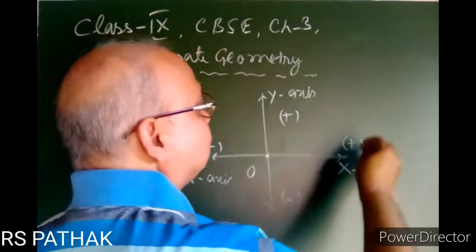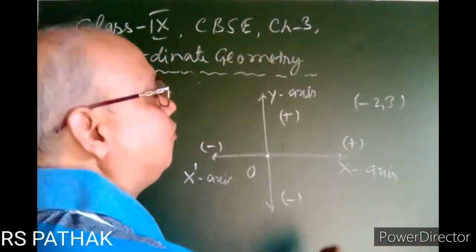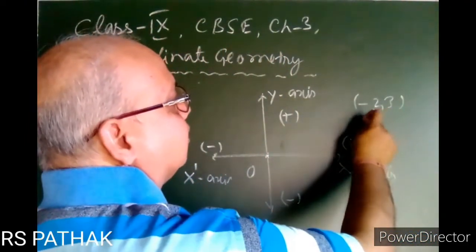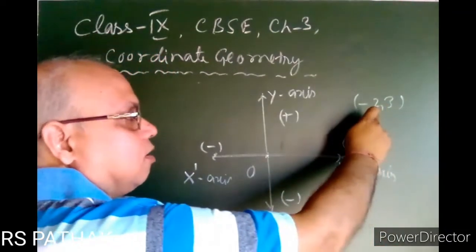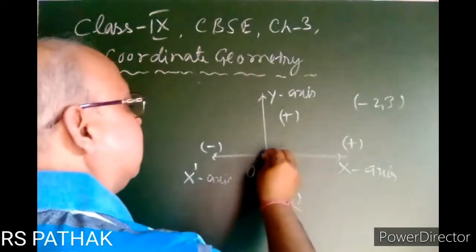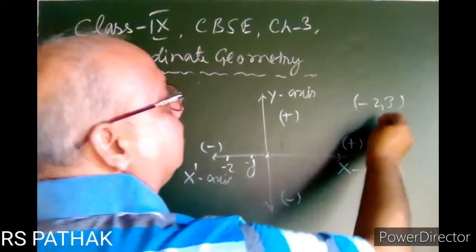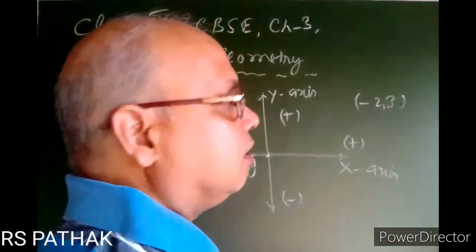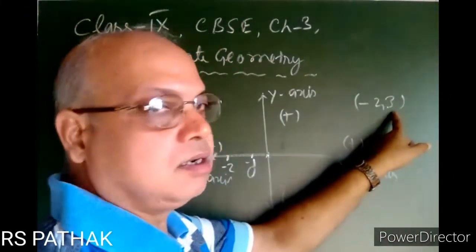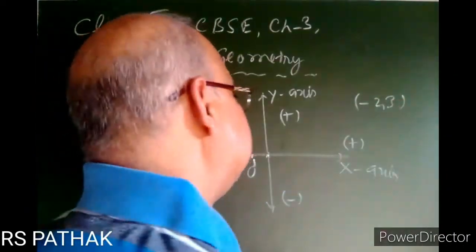Let us suppose we have to locate (-2, 3). Then this distance will be measured along the x-axis in the negative direction. Let us suppose this is -1, this is -2. And this 3 is y. This distance will be in the y direction.